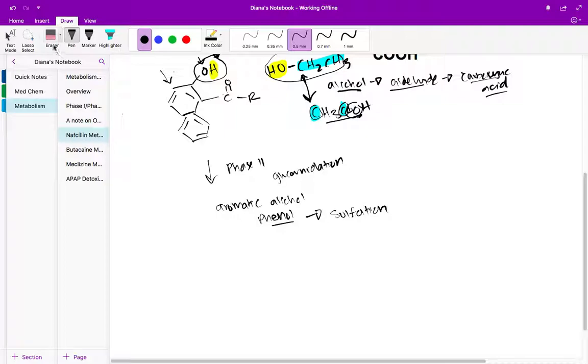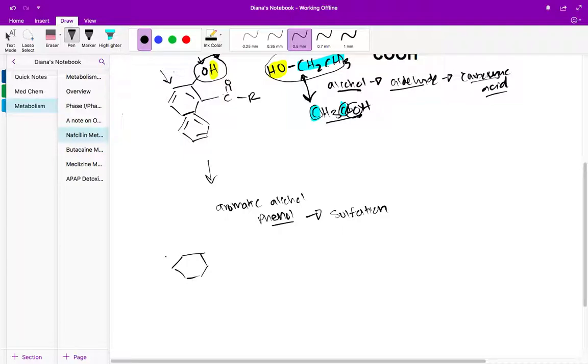I'm going to get rid of this phase 2 glucuronidation because we already saw an example of that. And now we see this OH, we can do sulfation, but not any OH. It has to be an aromatic OH. So when you see an aromatic OH or a phenyl, this molecule can undergo sulfate conjugation. Now I'm going to draw out the sulfate conjugation. All you'll do is replace that oxygen's hydrogen.